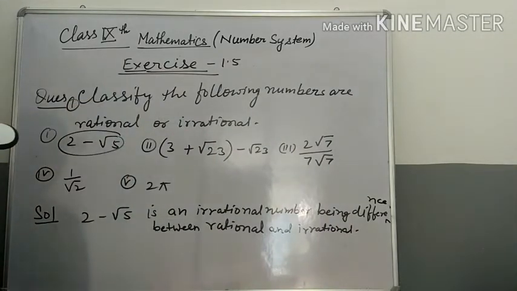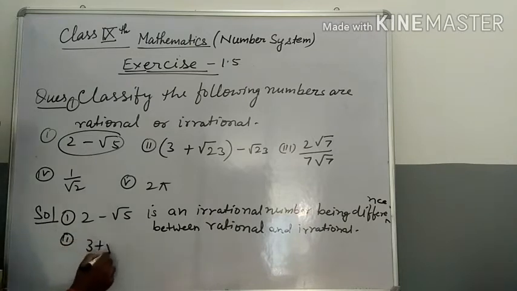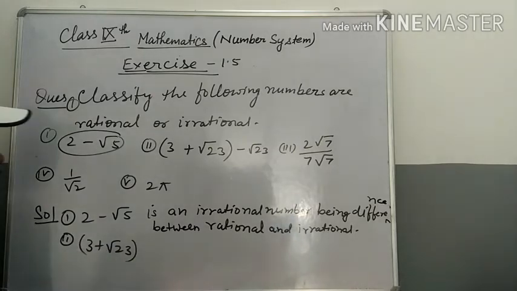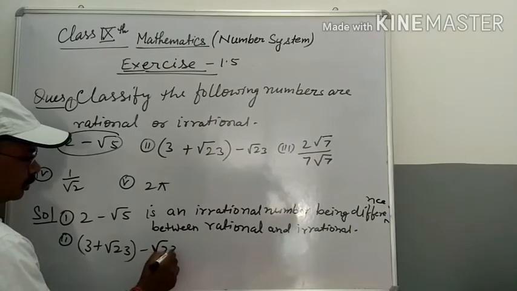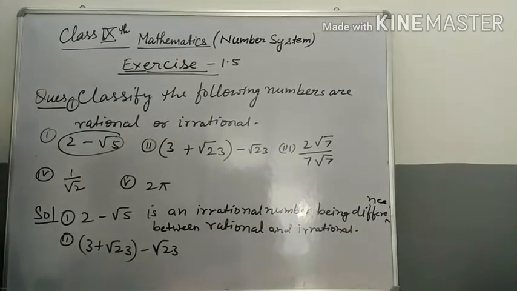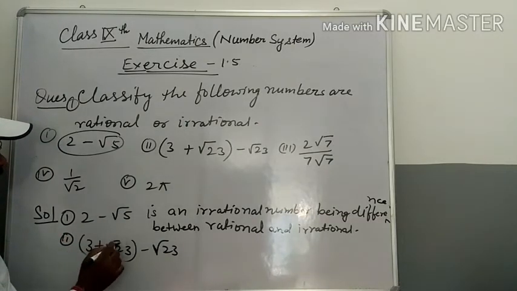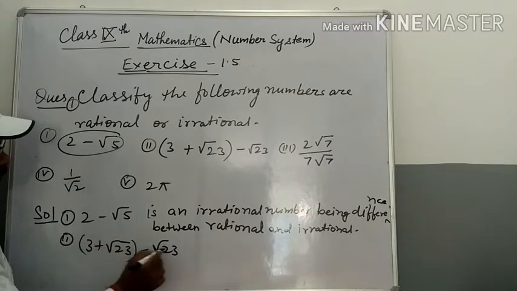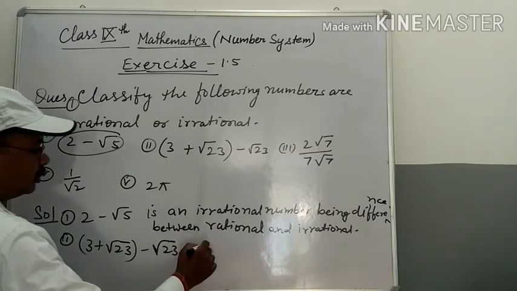Next, students, the second question: 3 plus under root 23 in bracket, minus under root 23.